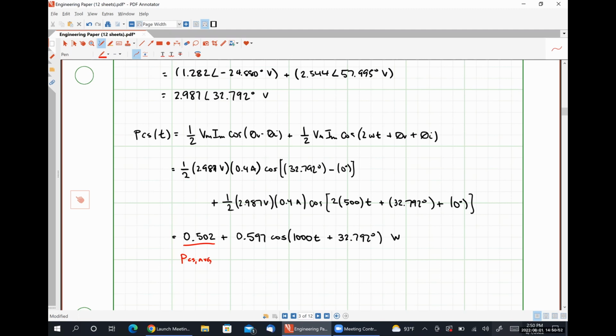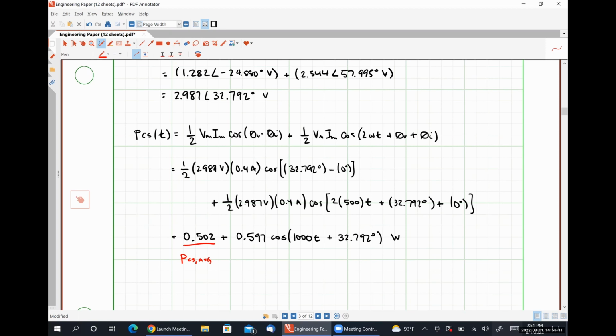Your goal in working these problems is simply to figure out what the magnitude of the voltage or current is and the phase angle of the voltage or current is, and then plug those pieces of information into the equations that we developed at the beginning of class, okay?